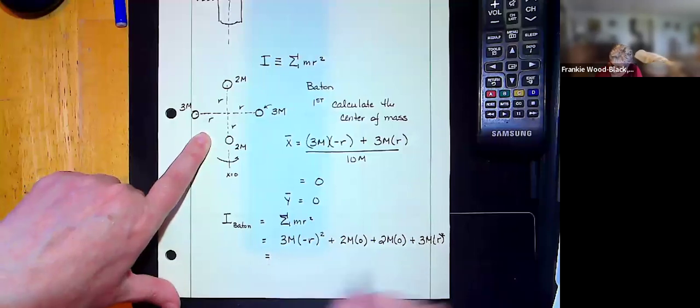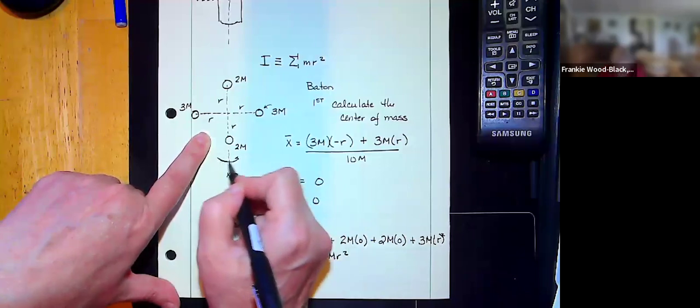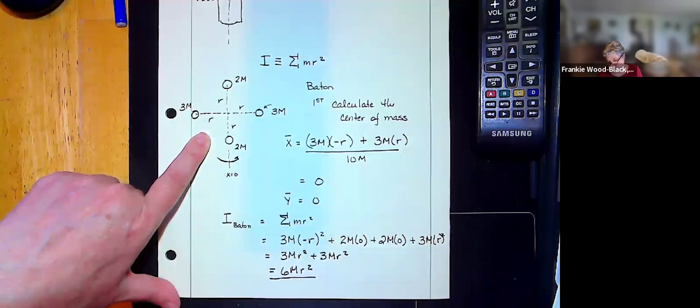So 3m r squared plus 3m r squared gives me 6m r squared. That would be my moment of inertia for the baton if I'm rolling it around that axis.